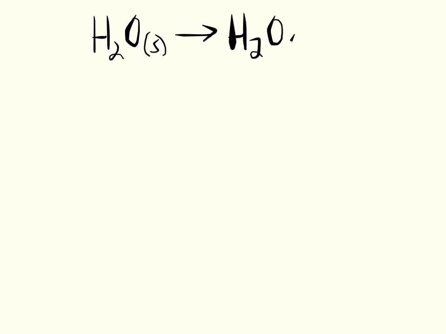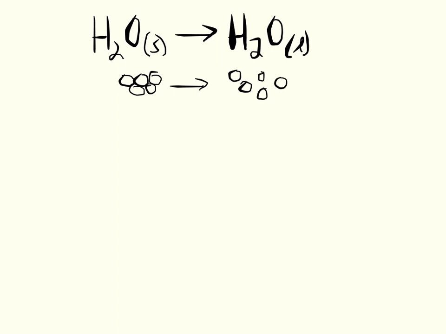Let's say we have a sample of ice, H2O solid, and we let it sit out on a table. Over time, we know that H2O is going to melt and turn into a liquid. If we were to represent that with a particle diagram, we're starting with a solid with the molecules close together, and it's turning into a liquid with the molecules spaced further apart.